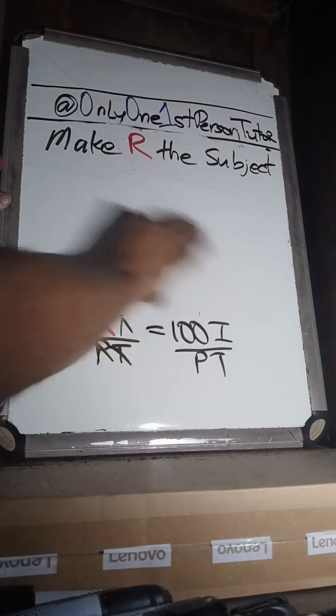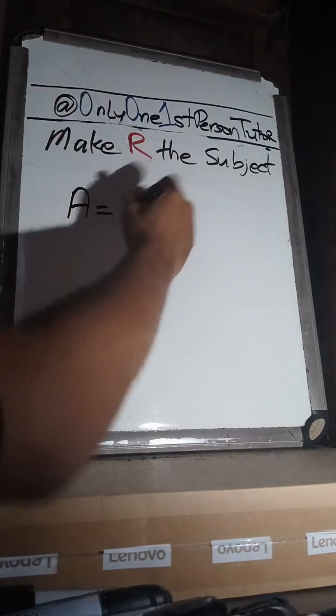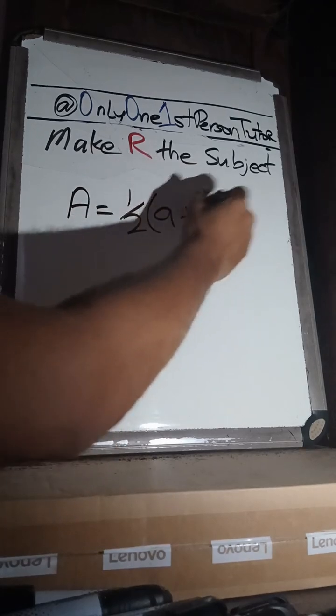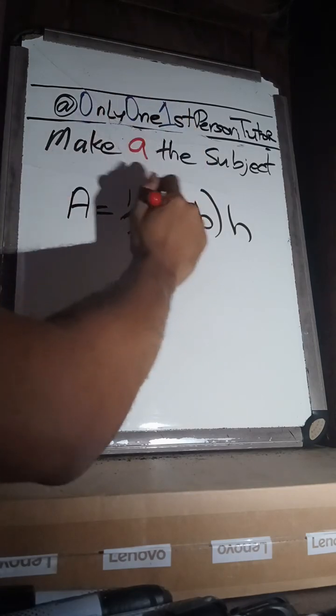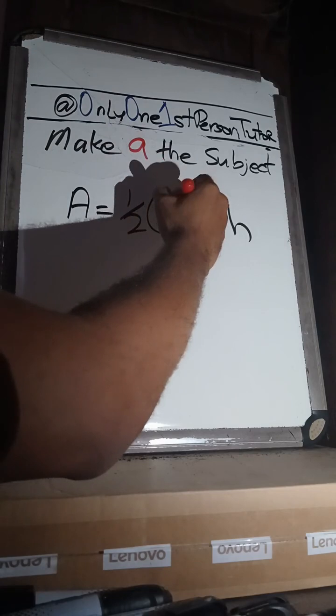Even for something like, let's say, something like that, and you claim you have everything else except the little a, how would you find that?